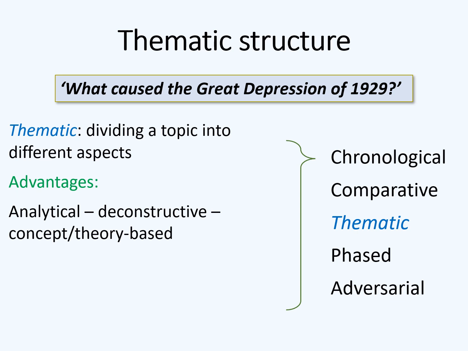For example, rather than being a simple chronological narrative of the historical events leading to the Great Depression, a thematic analysis might categorise and separate the causes into the political, economic, social and technological categories themselves derived from relevant theories or analytical models.